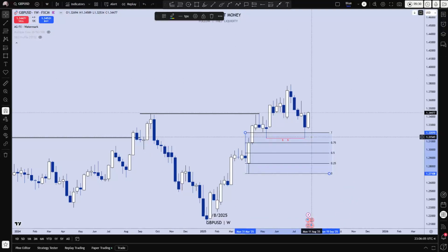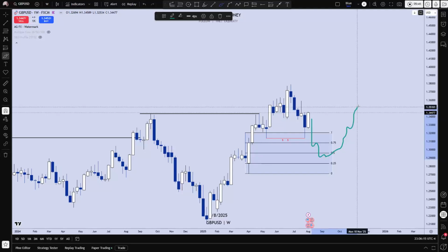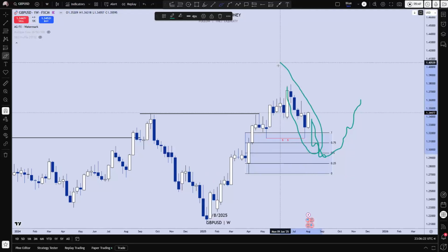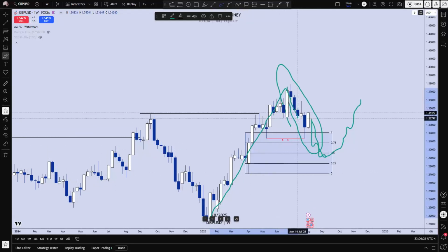What I'm looking for is if price pulls back into the 50% area, this is where I would want price to hold for higher prices. So we have some short-term bearishness because we want to complete this pullback, this retracement, the correction to that impulse. This is the corrective move, and then we can continue higher from there.